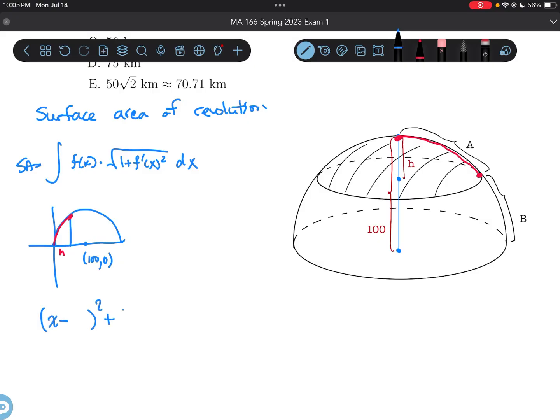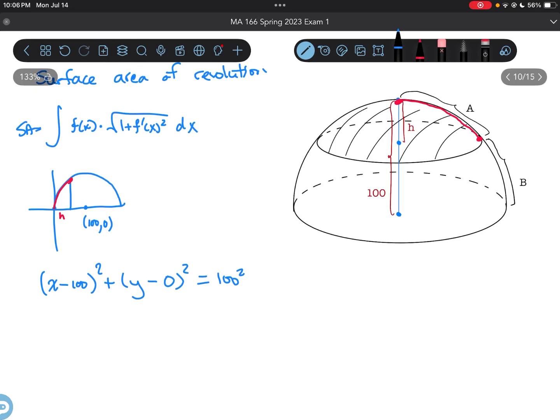The general formula for a circle is x minus the x coordinate of the center, in this case 100, squared, plus y minus the y coordinate of the center, which in this case is 0, squared, and the number on the right hand side is the radius squared, which is 100 squared.